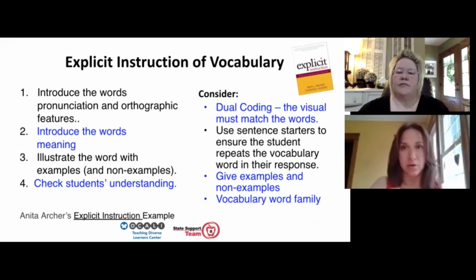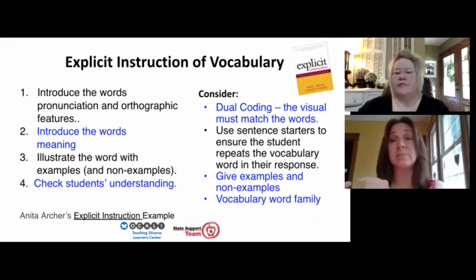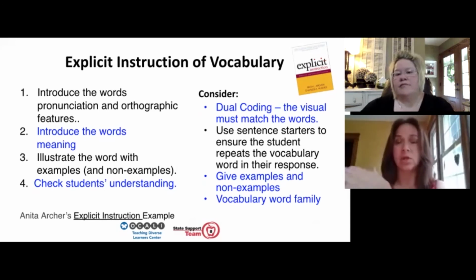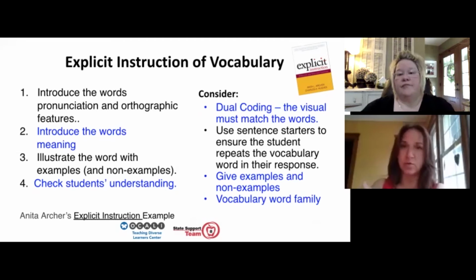They need to be there. We're not supplanting the words or the expectation that students will learn to encode and decode with the use of visuals. So they really need to match and be a support, not supplant that.